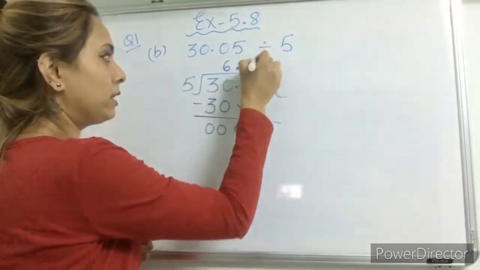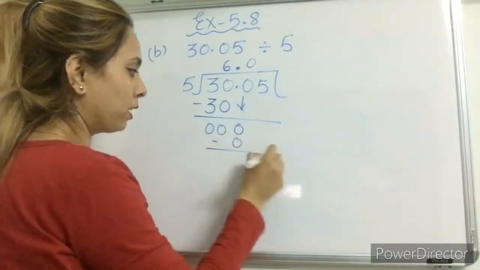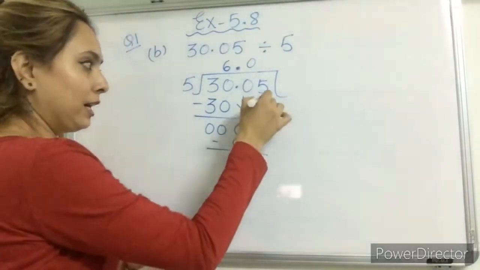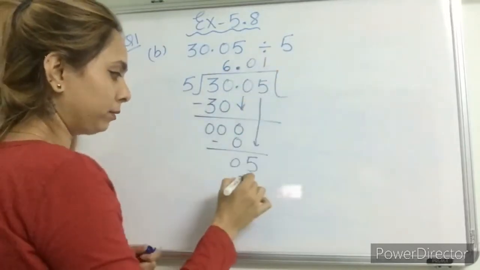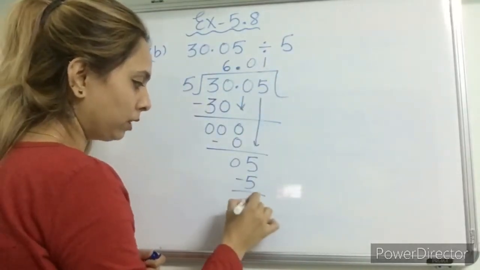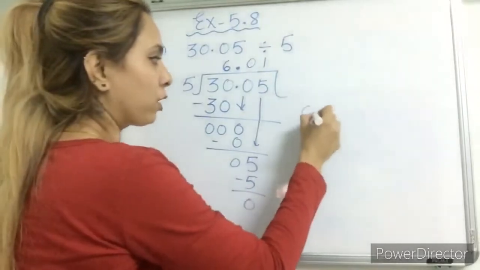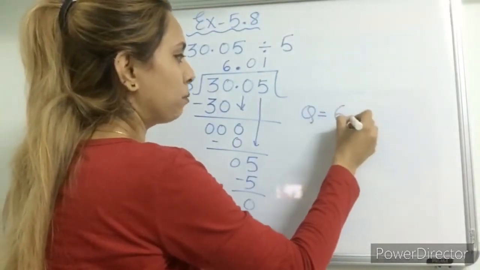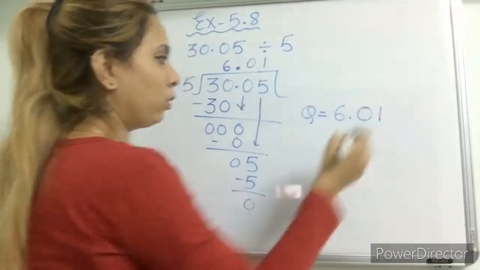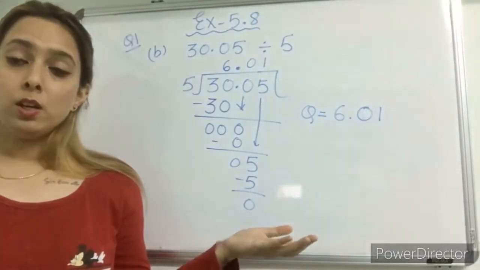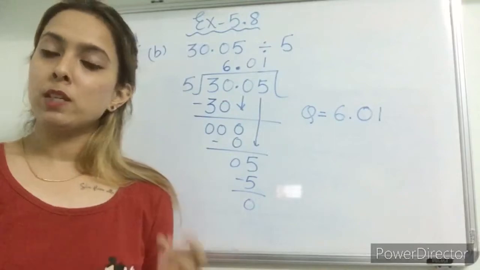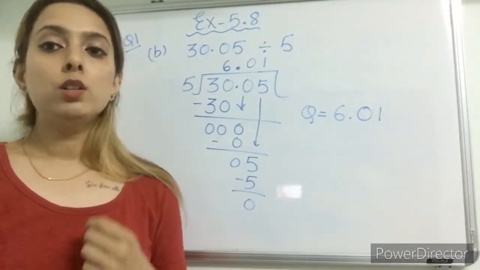The answer will be 0. Bring this 5 down. 5 ones are 5. So our quotient is 6.01. So simple. You have to follow the steps I have taught you.